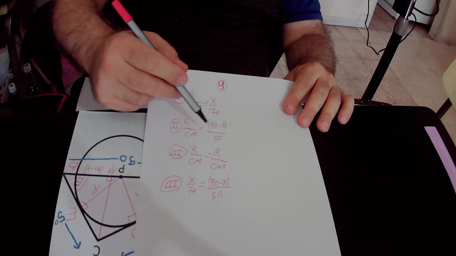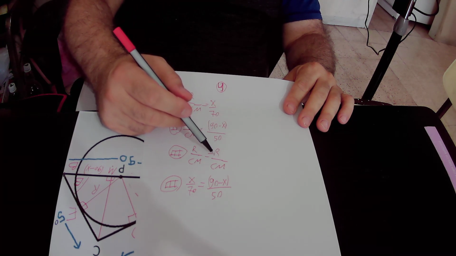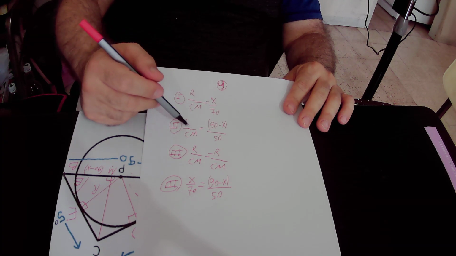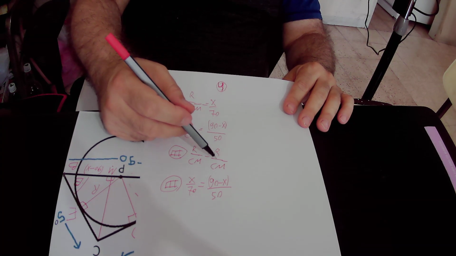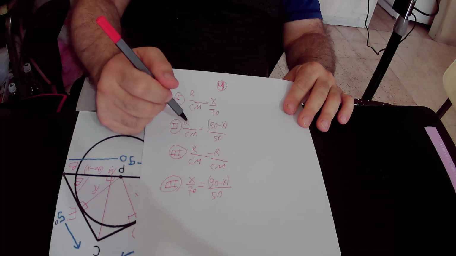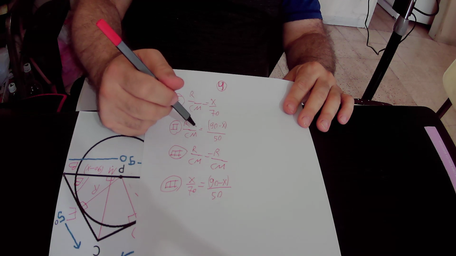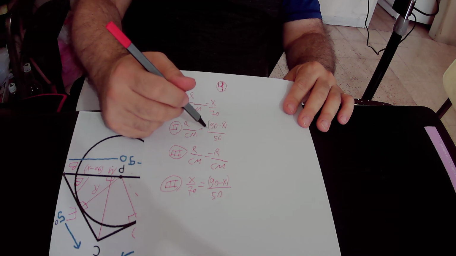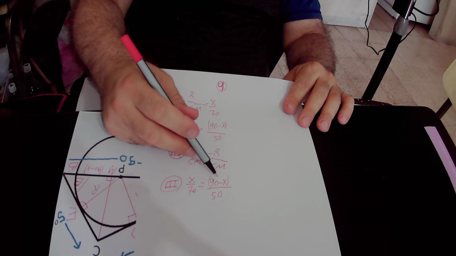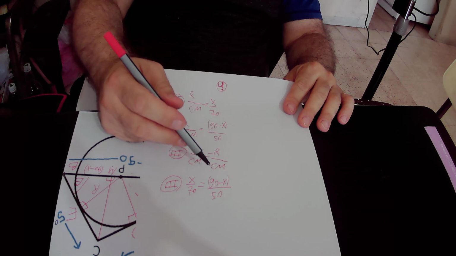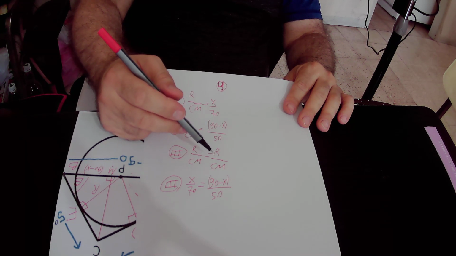And in the second equation, the value of R over CM equals 90 minus x over 50.